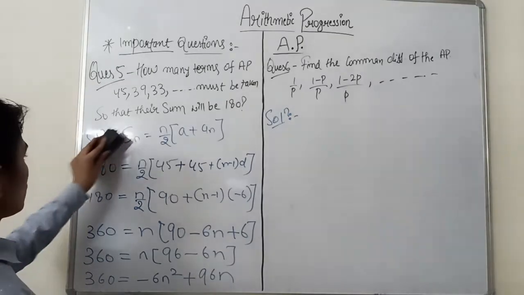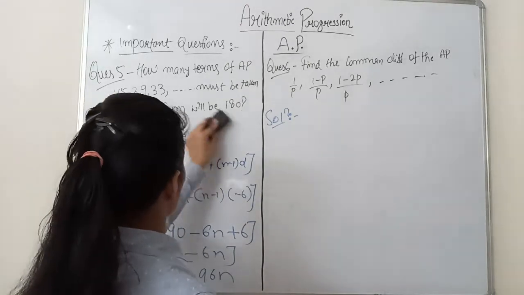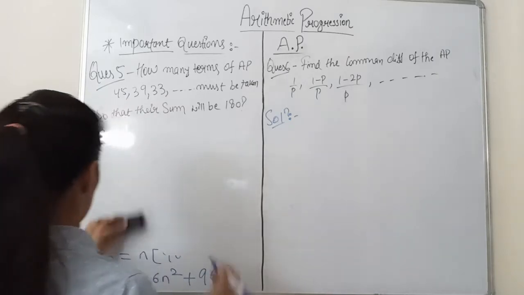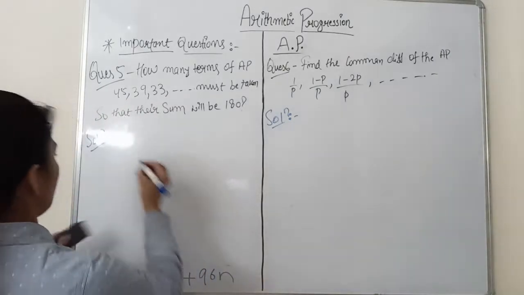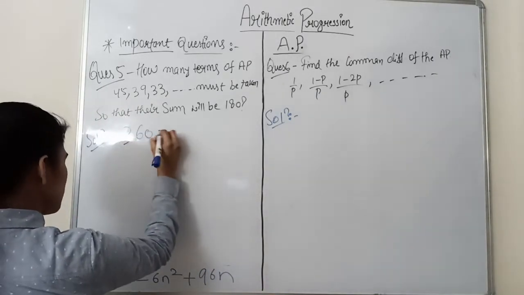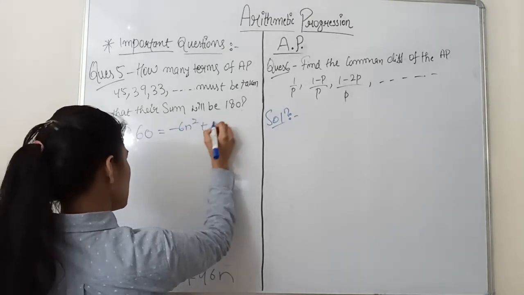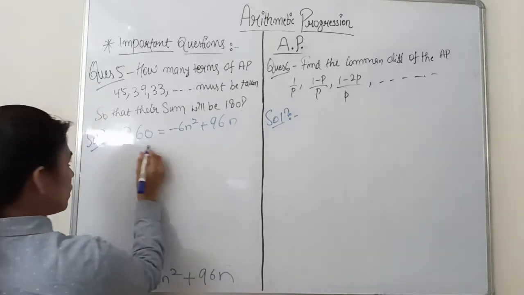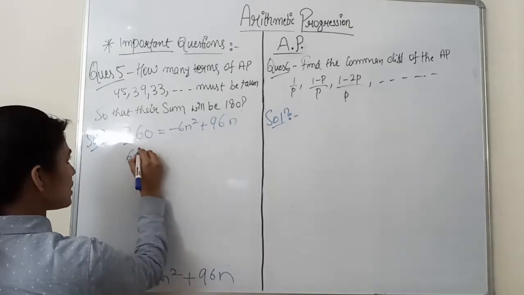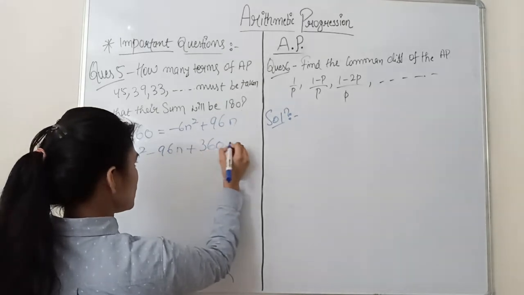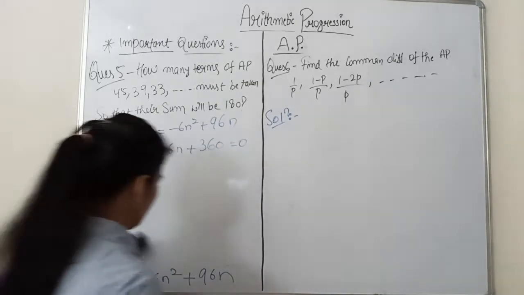Okay, so we will write down this equation. 360 is equal to minus 6n square plus 96n. It will become 6n square minus 96n plus 360 is equal to 0.